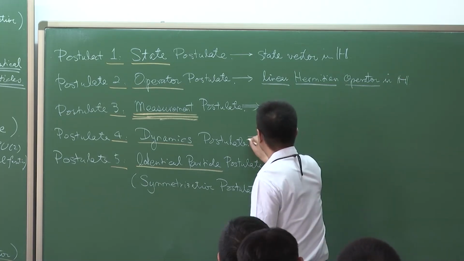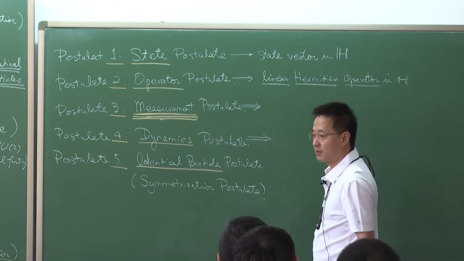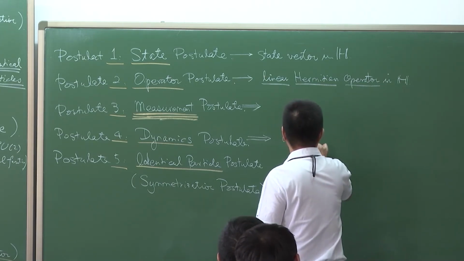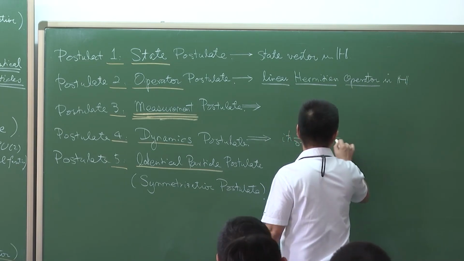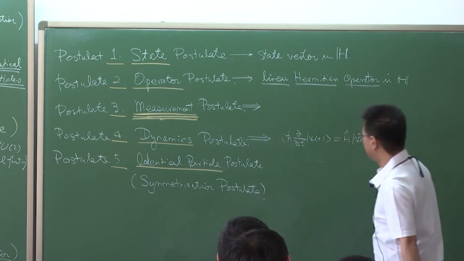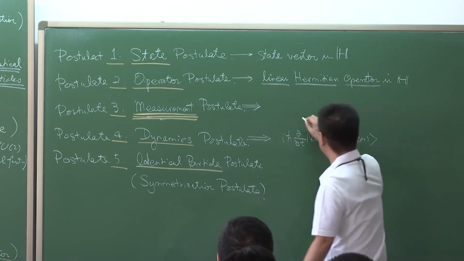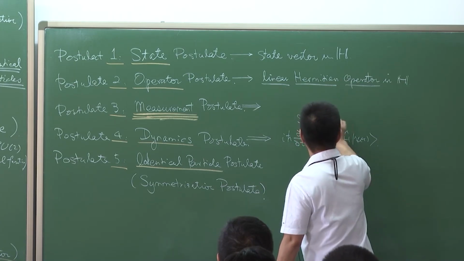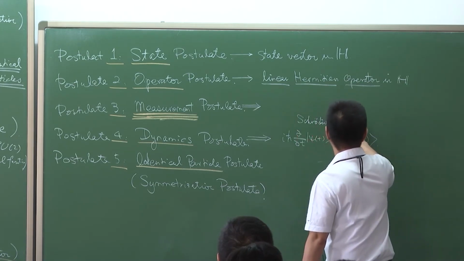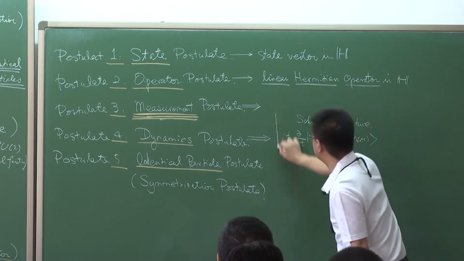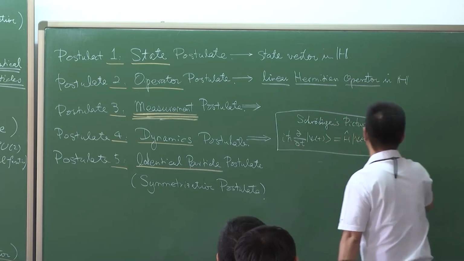And the dynamics postulate is that it is an equation. This equation is called the Schrödinger equation, and it is in the Schrödinger picture. In the Schrödinger picture, you have this equation.